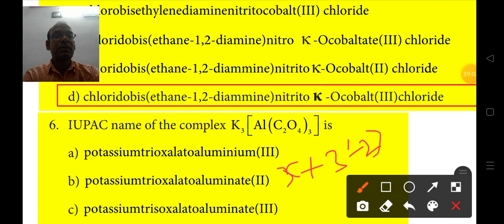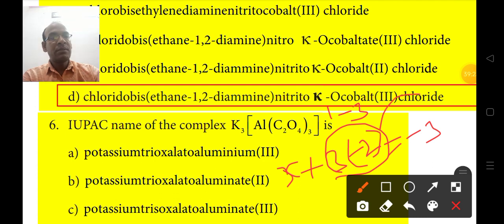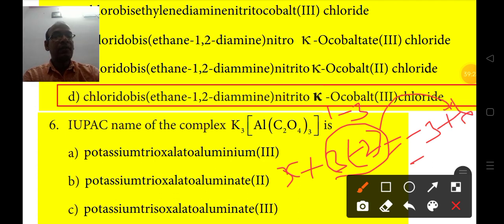Net charge on the complex is minus 3. This multiplication, minus 6, comes to the opposite side, plus 6. Therefore the oxidation state of the central metal ion is plus 3.